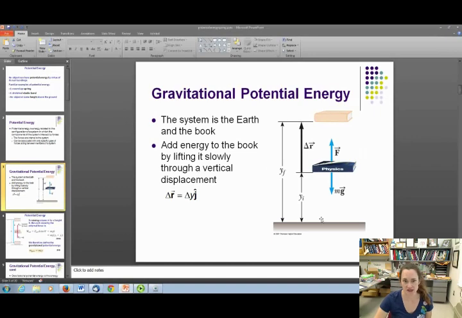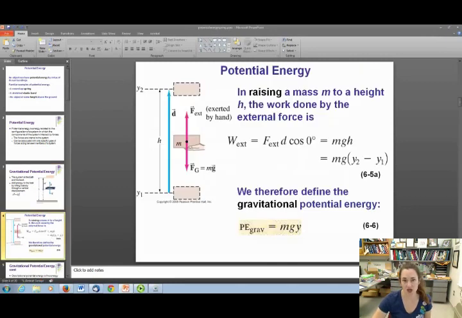Now what happens is when you lift something up, you have to do work to fight the force of gravity. So you're lifting it up and you're adding energy to the book because of the lifting force. You're adding energy to that system. You can calculate the work that an external force would have to do to lift it against the force of gravity.